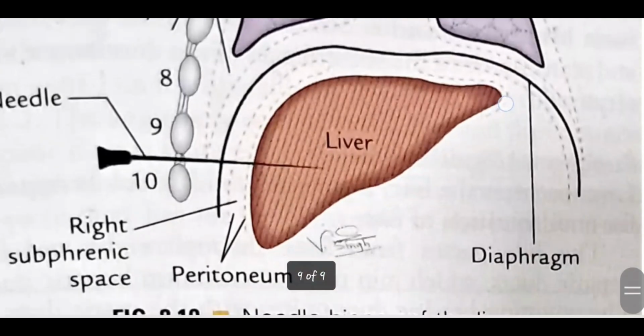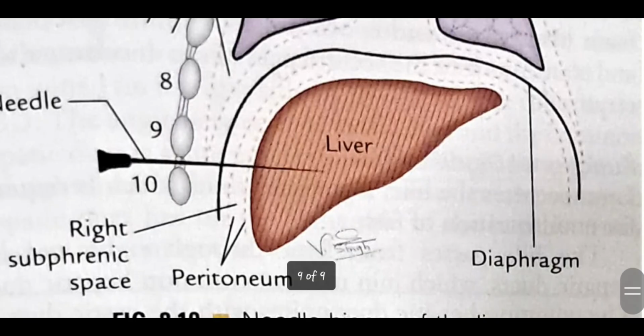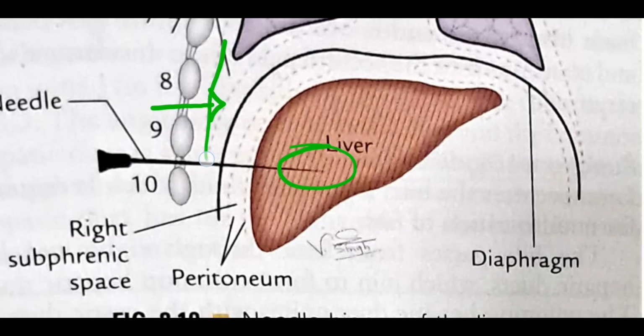Coming to the biopsy, as we saw the right lateral relations of the liver. To take the liver tissue, we should not inject into the lung or pleural cavity.